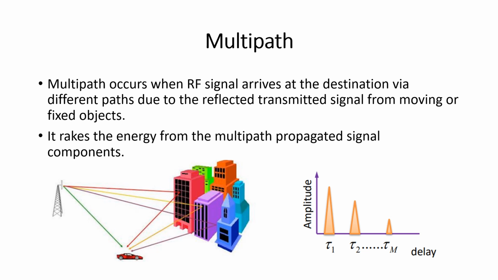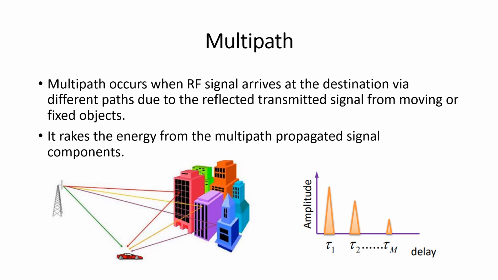When the transmitter transmits the signals, the receiver receives signals which are reflected, diffracted as well as scattered from multiple components such as buildings, trees, etc. So at this particular receiver, we will have multiple components. One is your direct path and the other is a combination of multiple components.